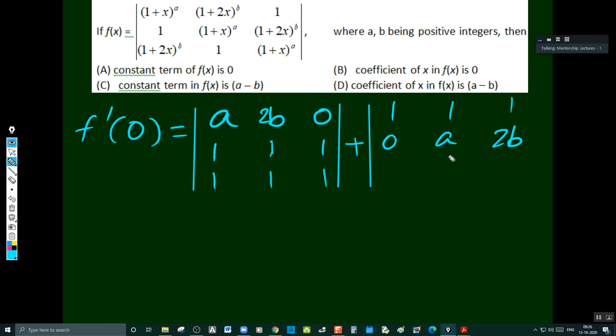Similarly, that determinant is also 0, and hence the coefficient obviously becomes 0. So A and B are correct. That's it. You need not go for the other options because we got it.